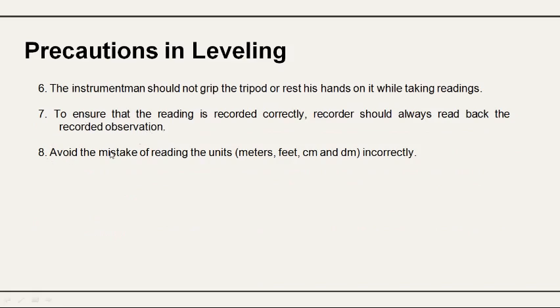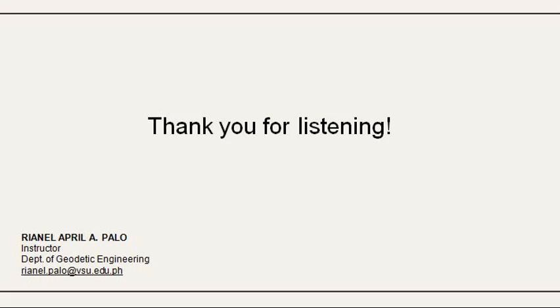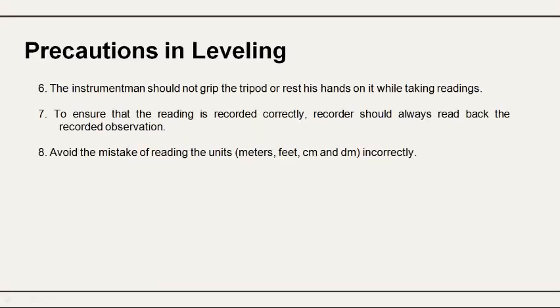And lastly, to avoid mistakes in reading the units, always make sure to record whether you are using an English system graduated rod or a metric system graduated rod. Okay, that would be all for sources of error in leveling.